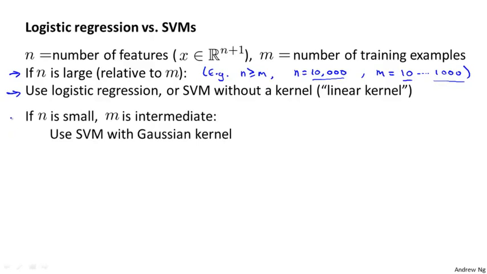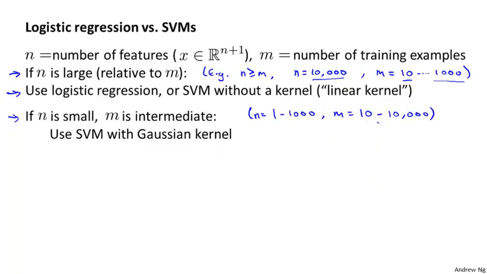Now, if n is small and m is intermediate, so what I mean by this is, if n is maybe anywhere from 1 to 1,000, 1 would be very small, but maybe up to 1,000 features, and if the number of training examples is maybe anywhere from 10 to maybe up to 10,000 examples, maybe up to 50,000 examples.